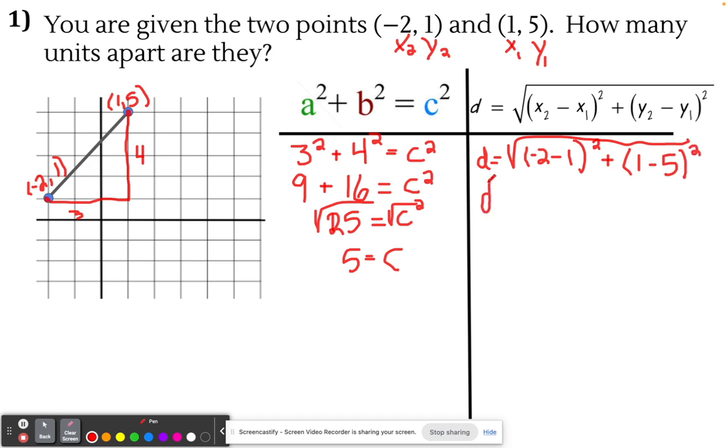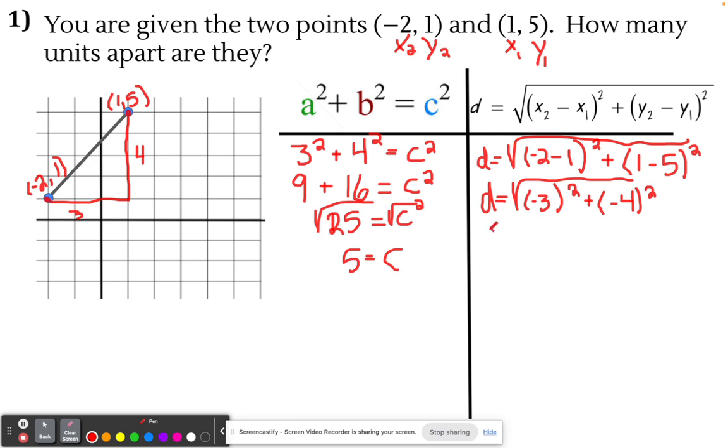So my distance equals, don't lose your square root sign, it's very easy to forget that you have that. -2 minus 1 is -3 to the second power, plus 1 minus 5 is -4 to the second power.